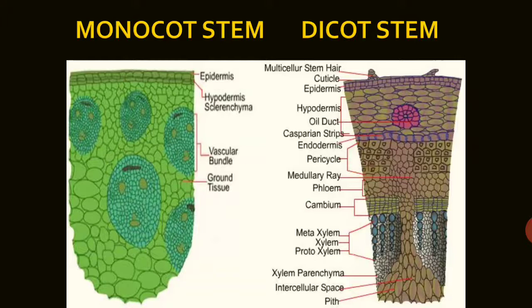If medullary rays are there, with bundles in the form of metaxylem and protoxylem, xylem parenchyma is also there, and the pith is in the center, it is the dicot stem. So on the basis of the vascular bundles, you can easily differentiate the transverse sections of the monocot stem and the dicot stem.